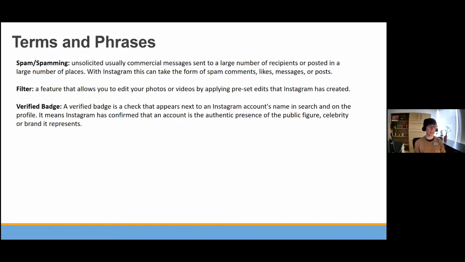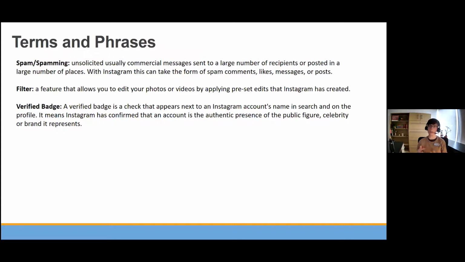We didn't talk about the verified badge, but you may have seen on Instagram, if you've seen a user, they may have a little blue check right next to their username. And that is Instagram's way of verifying their account. So that means that their account is confirmed to be authentic. That means that person is who they say they are.